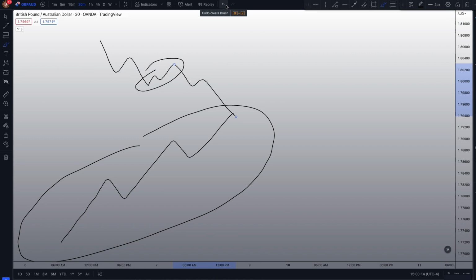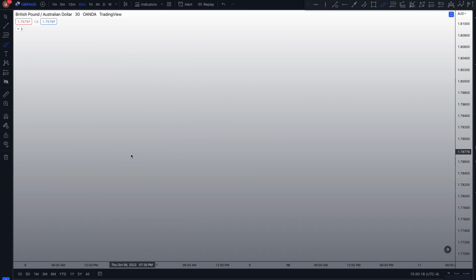So what we really need to understand if we're going to trade patterns is that we're looking at continuation in the direction that the market is already going prior to the pattern beginning.